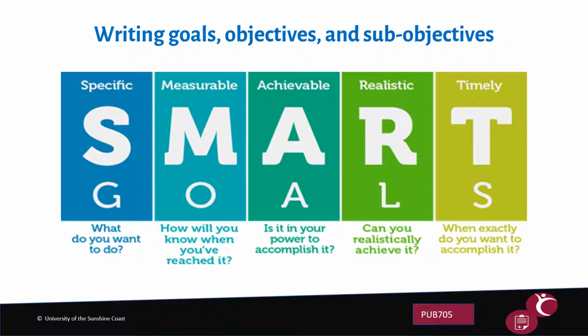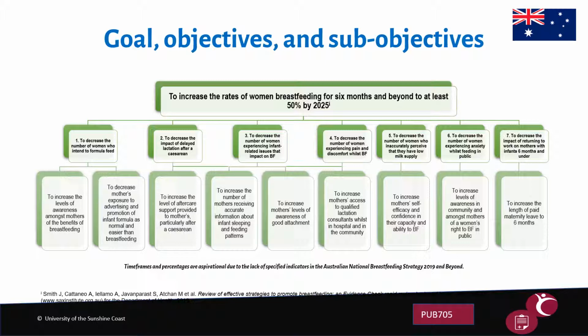And so there's a formula that we use to write goals and objectives, and it's the SMART formula. So we'll be learning more about that when we get to your third task. But what we do, and you'll be able to see here, we write a goal for the health issue, then we write an objective for each of the immediate determinants, and then we write a sub-objective for each of the contributing determinants.